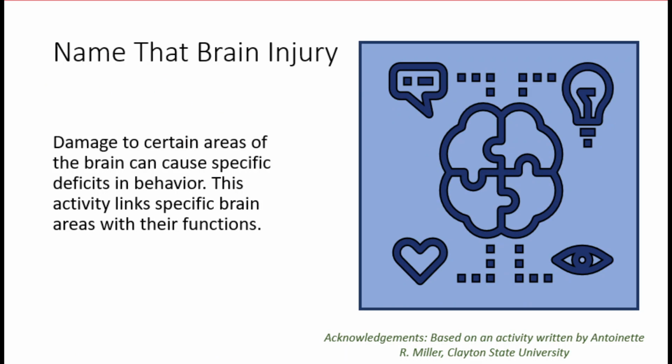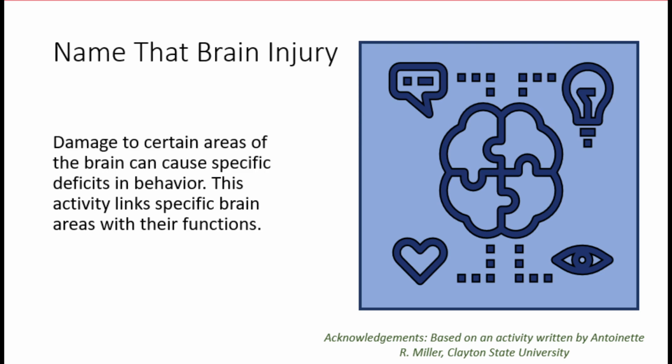And first, just a little bit about brain injury. Damage to certain areas of the brain can cause specific deficits in behavior. And so you see the link between brain and behavior by examining which areas of the brain are damaged and what happens to behavior.